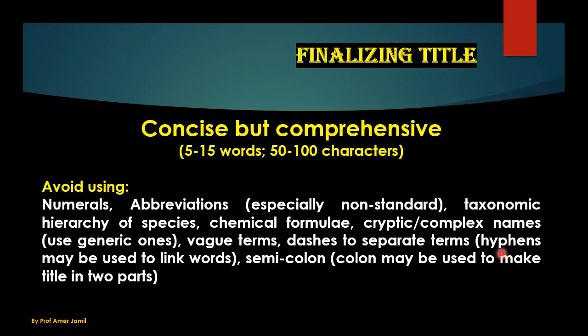Rather, you can use hyphens that may be used to link the words. Similarly, you should avoid using a semicolon, but a colon may be used to make the title in 2 parts if required. So you should avoid these kinds of non-standard things, or very complicated or specific things. Rather, you should go for more generic ones.